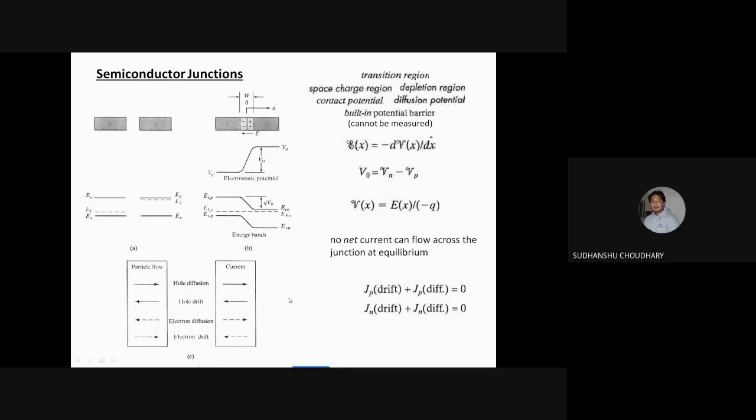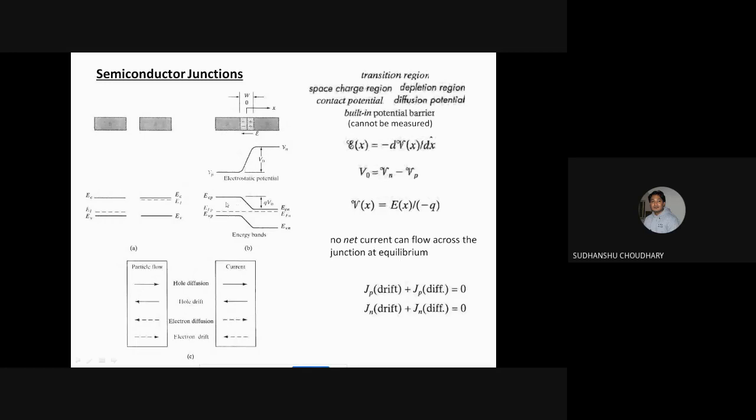In the last class, in the previous lecture, we talked about the semiconductor junctions, right? PN junctions we were discussing, and we understood how the depletion region forms at the junction, how the electric field is formed at the junction because of this depletion region, and then the electrostatic potential at the junction.